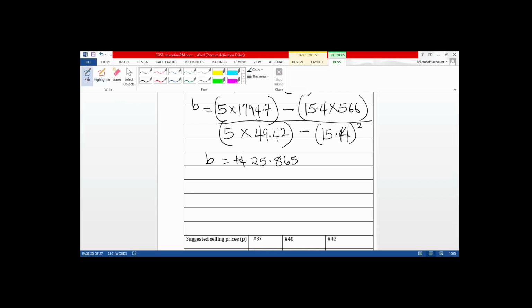Look at the formula for A. A is equal to summation Y over N minus B summation X over N. With this formula, I can get my fixed cost.